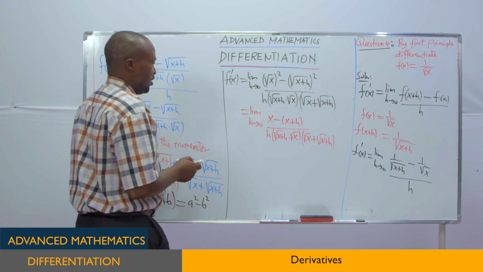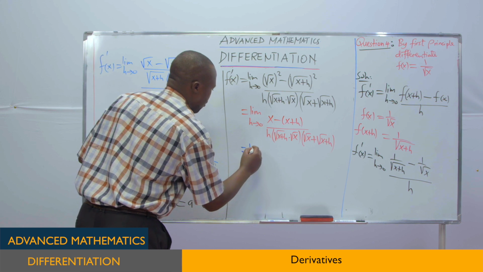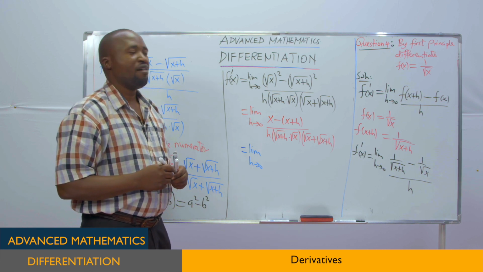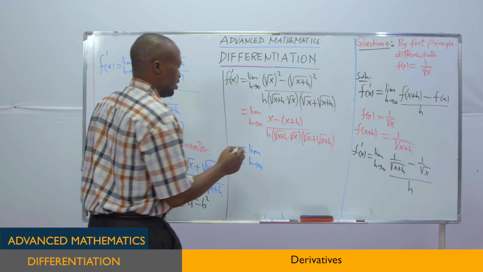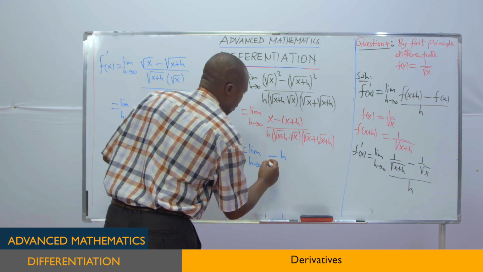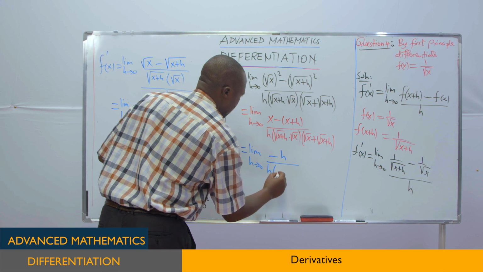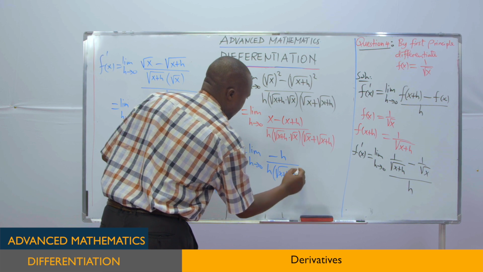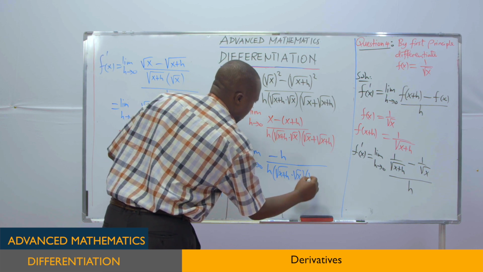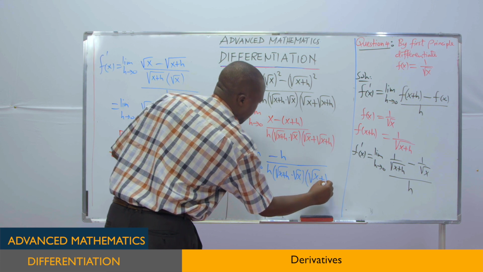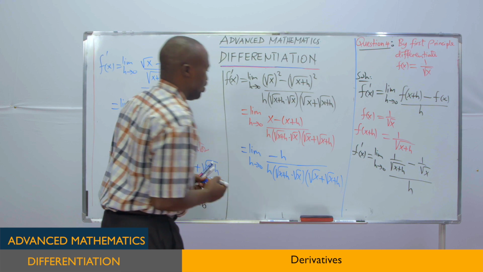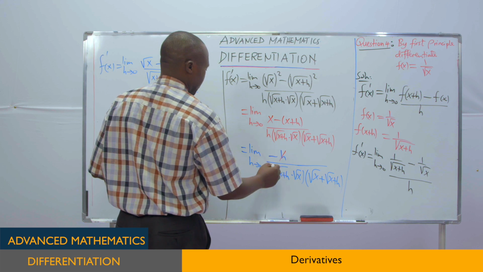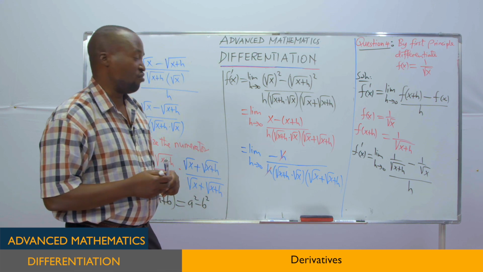So this one is the same as the limit of, as h approaches to 0, we have x minus x plus h. So here we remain with the negative h over h, square root of x plus h, square root of x, square root of x plus the square root of x plus h. So at this point we can simplify, that is, negative h over h, we are going to have negative 1.